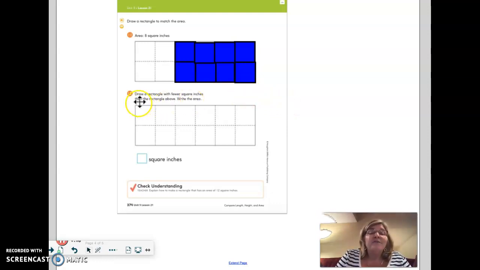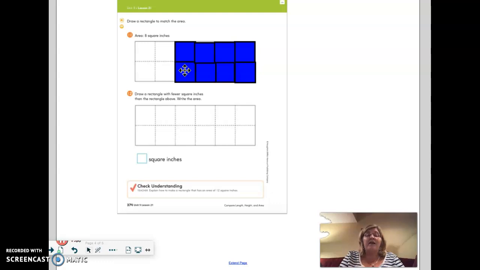Now, for this one, it says draw a rectangle with fewer square inches than the rectangle above and write the area. So we have to use fewer than 8, but it has to be a rectangle. Oh my goodness, friends.